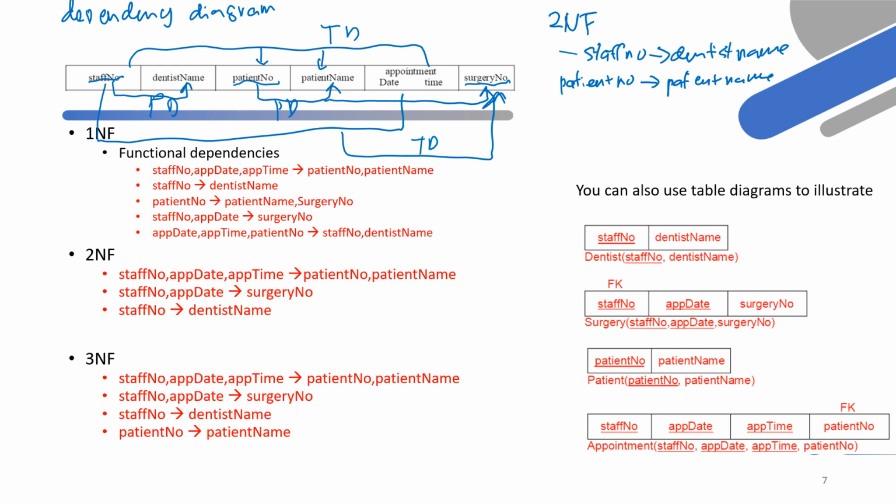Then we proceed with the third normal form because we have the transitive diagram. So we repeat the 1NF and 2NF here, and then we add the transitive dependencies, the new table.